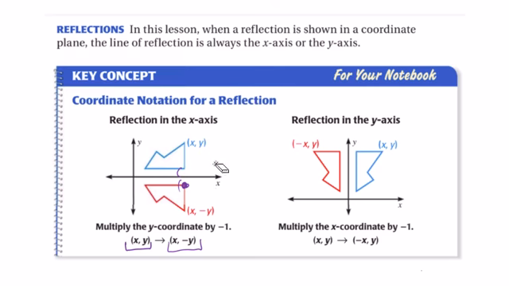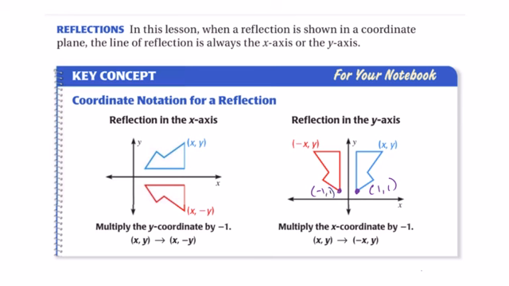Alright, keep in mind I'm not going to call it -y. I am going to call it the opposite of y, because what if I'm starting below the x-axis? And then in a similar but opposite fashion, reflection over the y-axis, so this would be 1, 1, and this would be -1, 1, right?